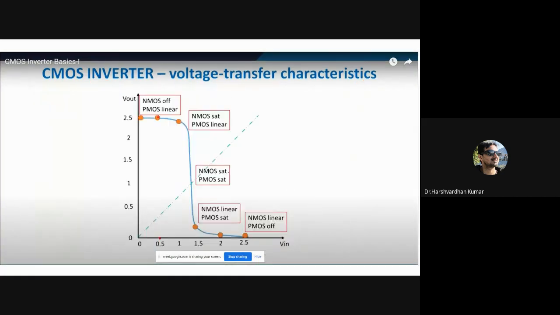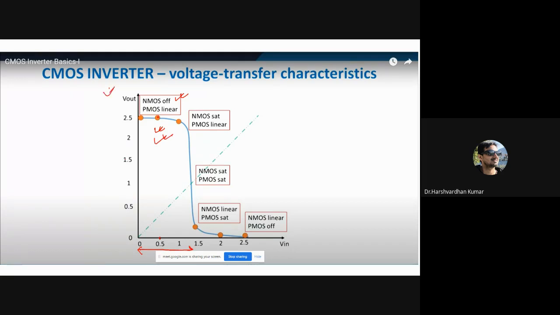Now, based on that, what we can observe from the previous graph is that for the input range, let us say 0 to 1.5, NMOS is off. However, PMOS is on, in linear mode, right? So for this much input signal, you are getting a logic 1 output.